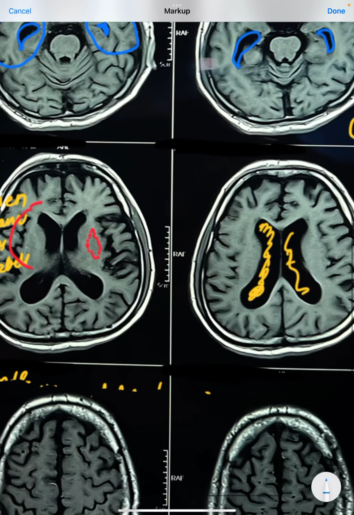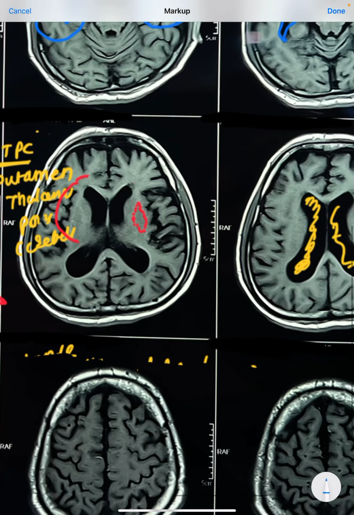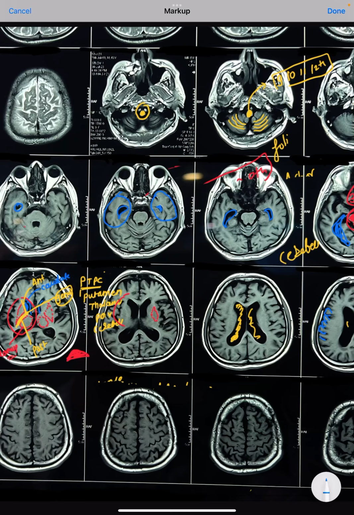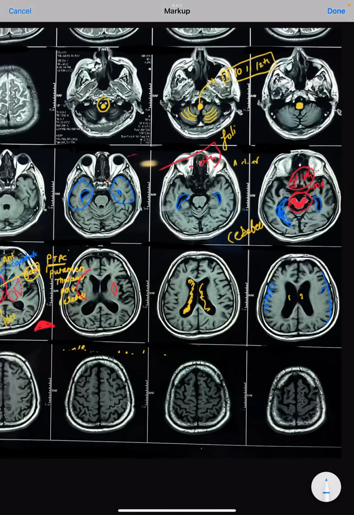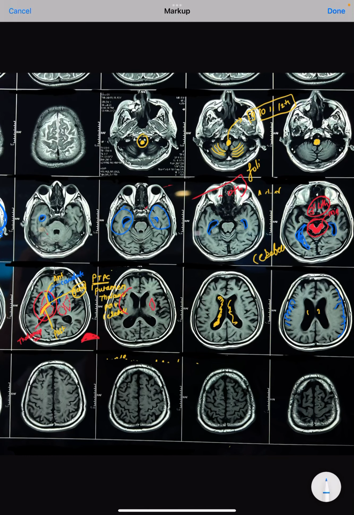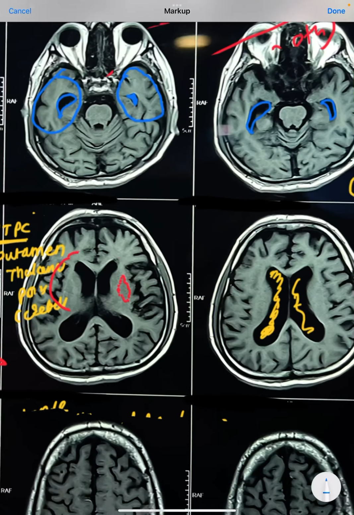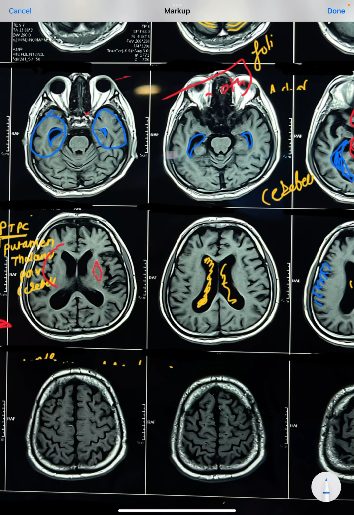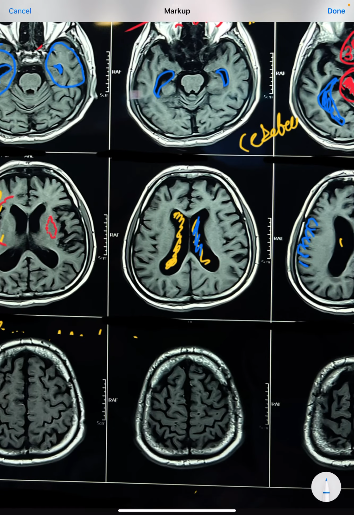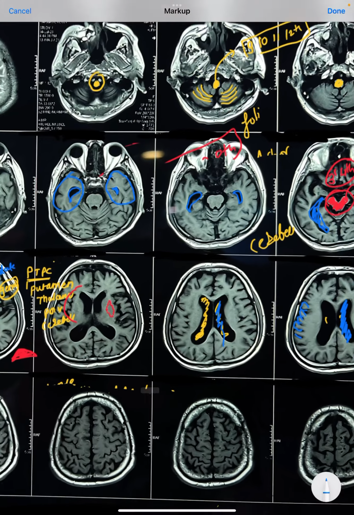It means that the patient must have had multiple ischemic insults or multiple damages which have caused extensive damage to the brain parenchyma, and compared to that we have this ventriculomegaly. This ventricle should not be that obvious or that large, but because of this damage to the brain parenchyma, these ventricles have been enlarged.